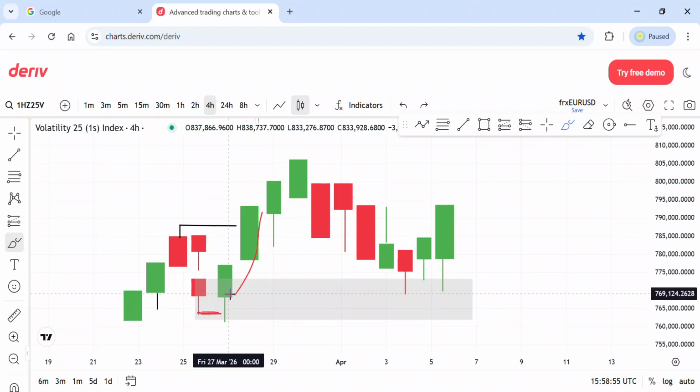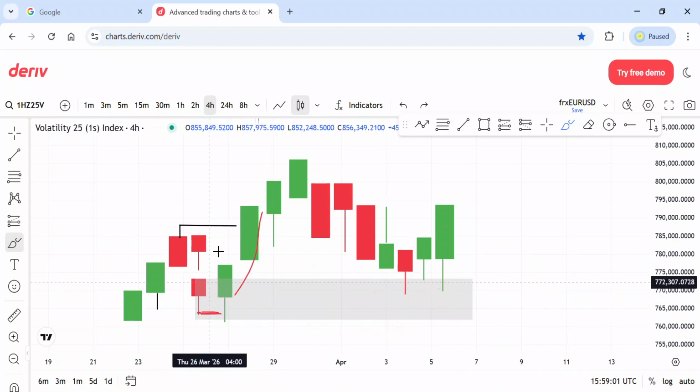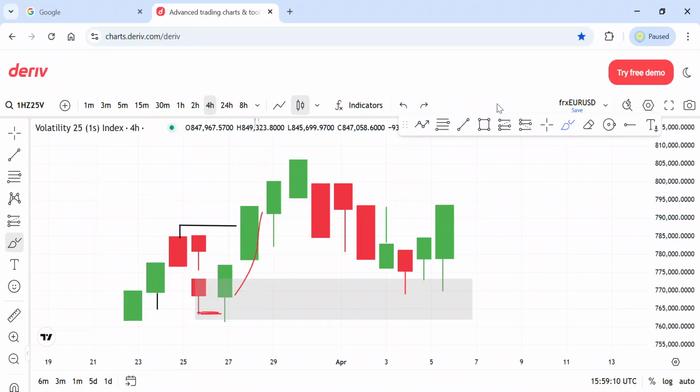And another thing is inefficiency or imbalance. You must see an inefficiency alongside the liquidity sweep that led to the breakout of the cemented high. It is very, very important.